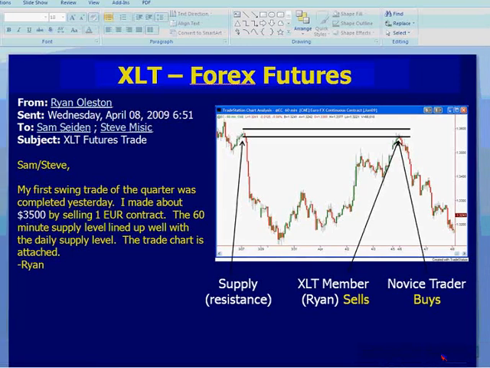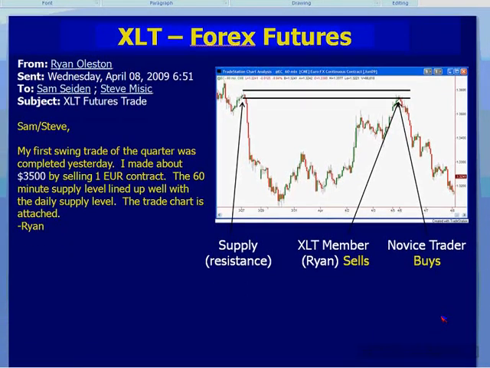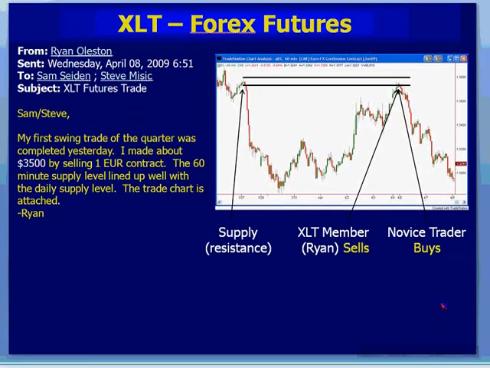One, so you can see what some Online Trading Academy students are doing, and number two, so you can see an example in the big picture of Forex futures.